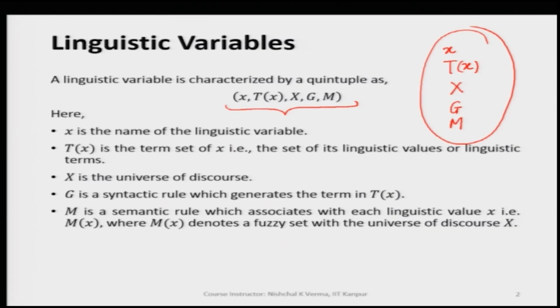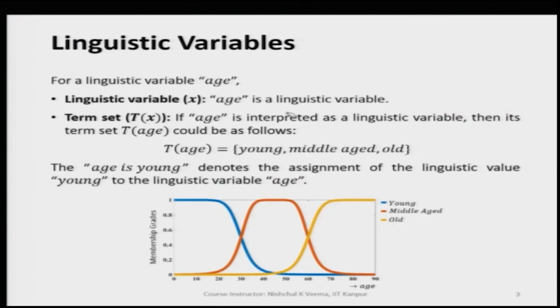quintuple. So, let us say we take an example of a linguistic variable, let us say the linguistic variable here is age. So, if we have age as the linguistic variable, let us see how these 5 variables look like.